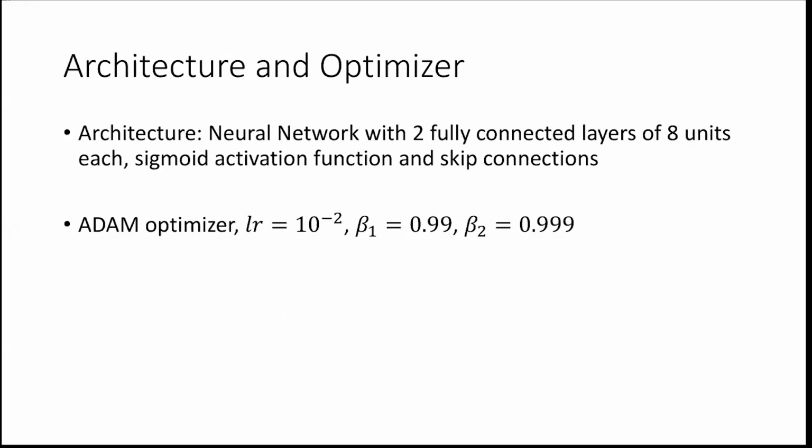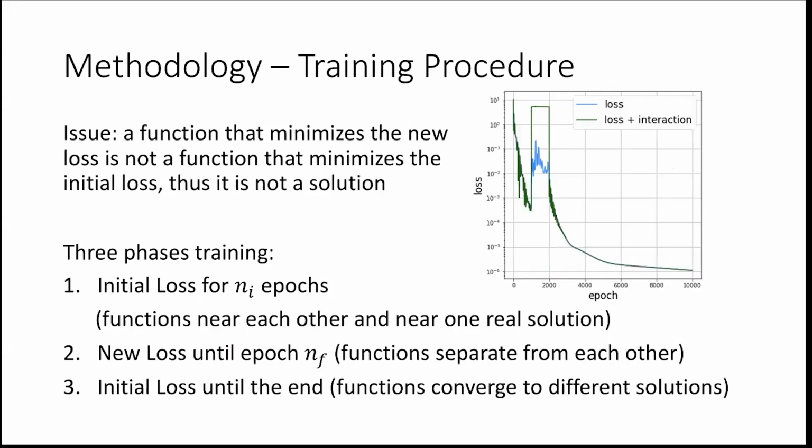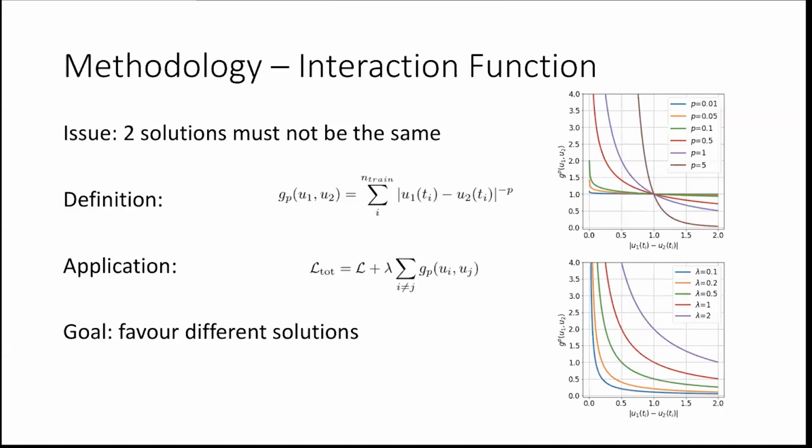Okay. Sorry, can you remind me what is this lambda here? I forgot. Lambda is the parameter that I defined here in the interaction function, the strength of the interaction function. So basically, the importance of the interaction function with respect to the other terms of the loss, like the solution of the differential equation and the enforcing of the initial conditions.